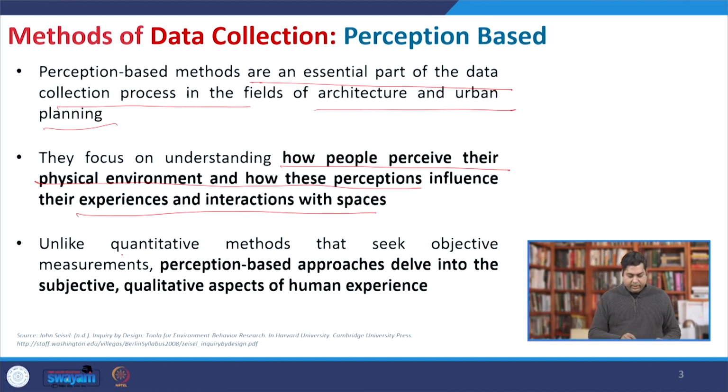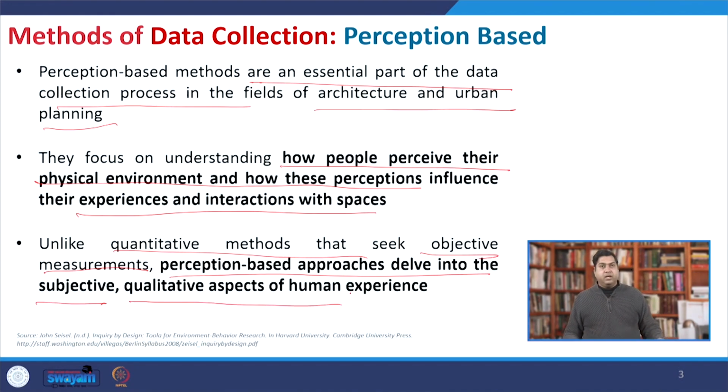Unlike quantitative methods, which normally seek objective measurement that you can quantify, perception based approaches normally delve into the subjective and qualitative aspects of human experience. In this particular case, mostly we try to get that kind of information in a qualitative manner, but again we can do the perception survey with some quantification, where we ask the question in that way.